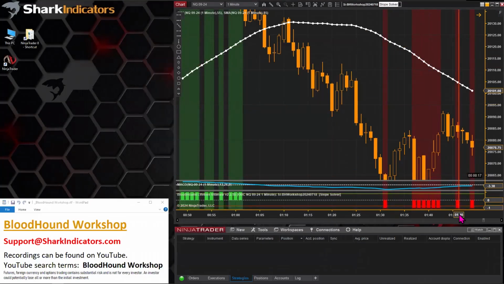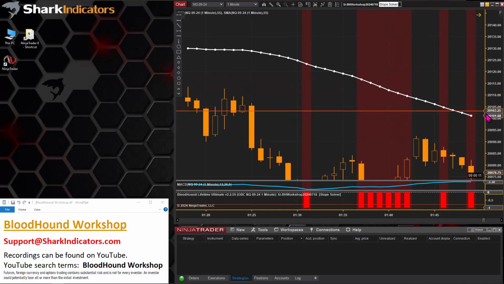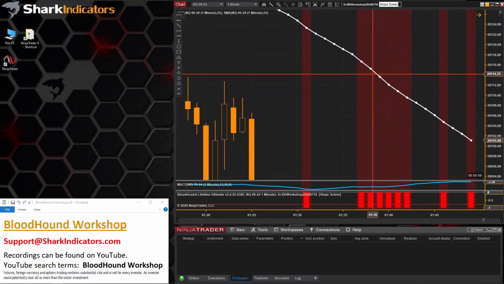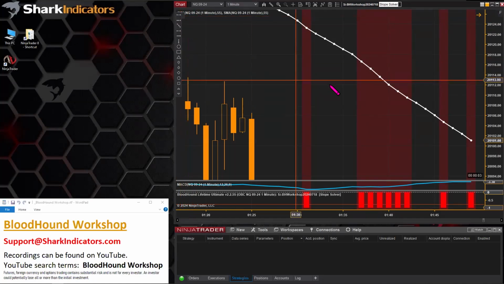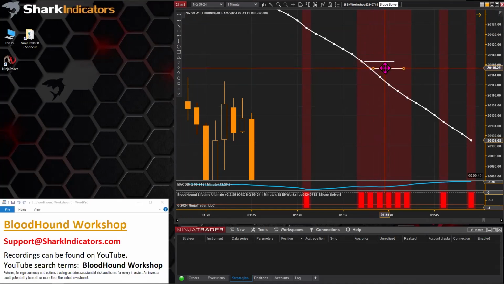So with the dot style, it helps us better visualize how the indicator is moving, right? So what the slope of an indicator is, right, is you're taking the value from the previous bar and you're comparing it to the value of the next bar, right?